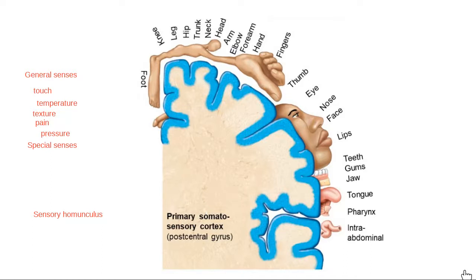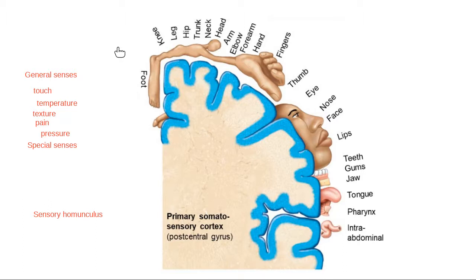What does that tell me? Yeah, exactly. It tells me that I can receive a lot of sensory information from those places. So the bigger a body part on the homunculus, on the map, the more information I can receive, the more sensory neurons that live there.